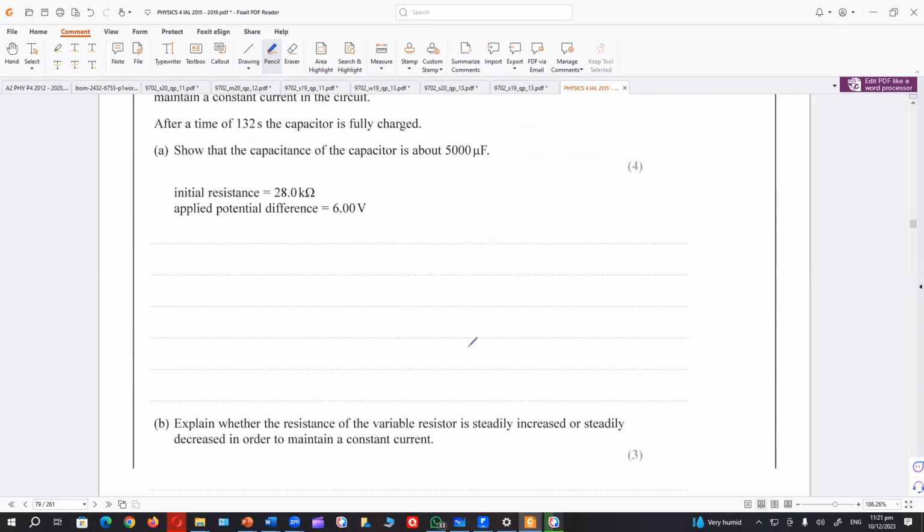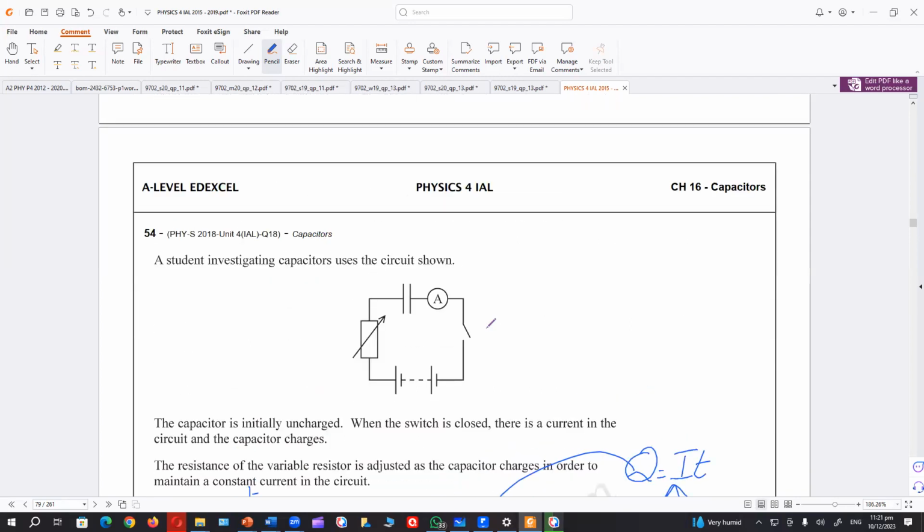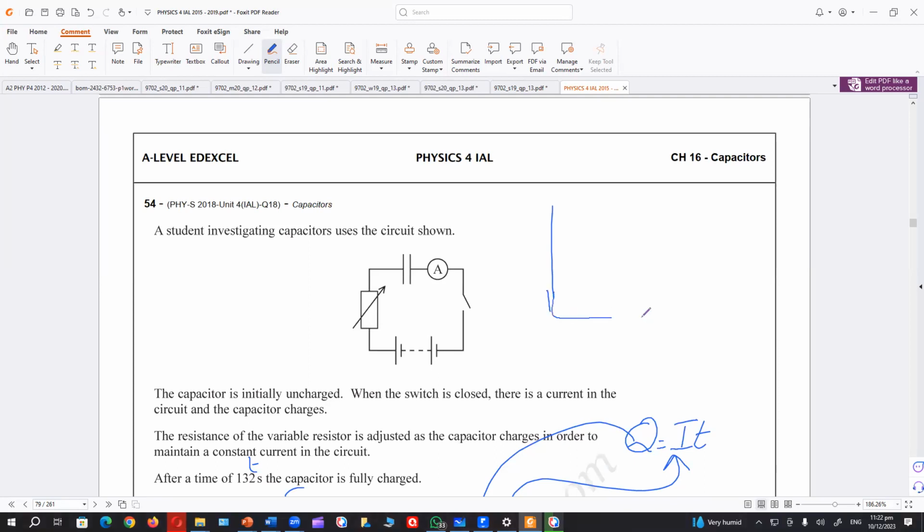This question is a bit tricky, because you have to recall all the formulas of current from last year: electric current, power, energy, Ohm's law, etc. When a capacitor is charging, the circuit current gradually decreases. This is how a capacitor charges.